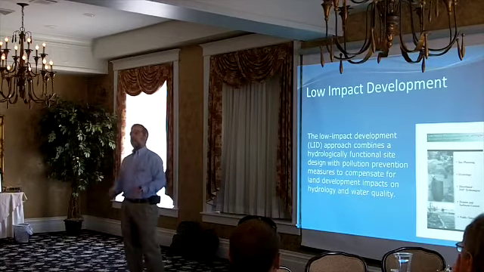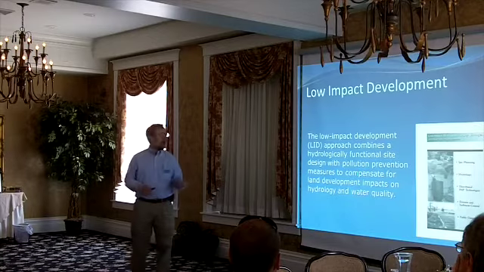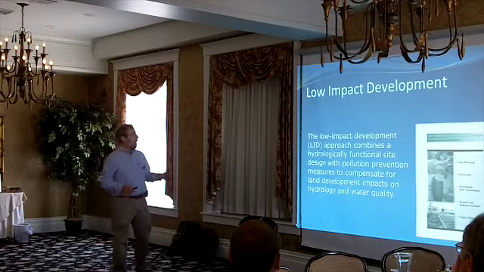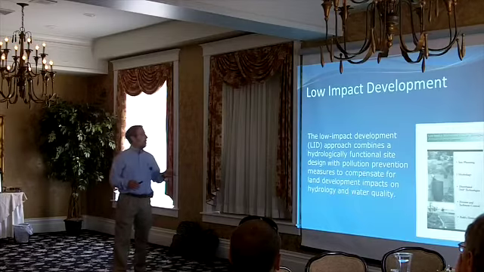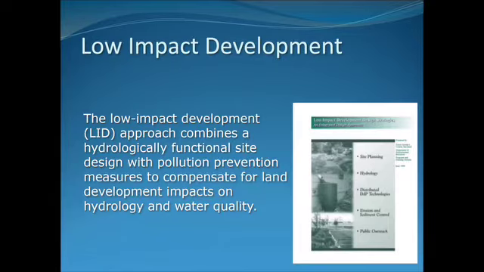You're going to be hearing a lot of things today from Don and I, but these things really describe it pretty succinctly. And it's that low impact development approach combines hydrologically functional site design with pollution prevention measures to compensate for land development impacts on hydrology and water quality.